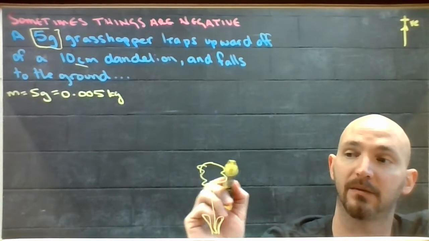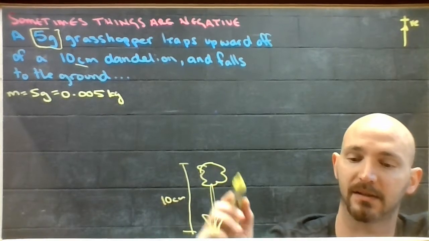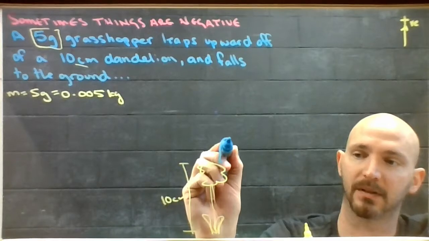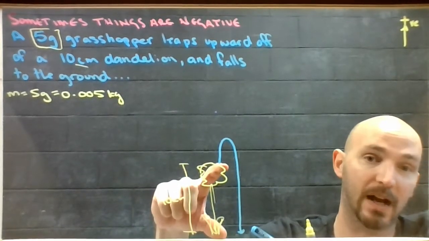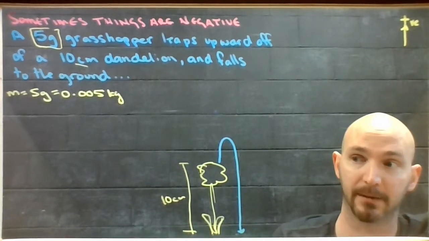If the flower is 10 centimeters and this grasshopper makes a mighty leap upwards and then lands on the ground later, the net distance it's traveled is 10 centimeters below where it started.